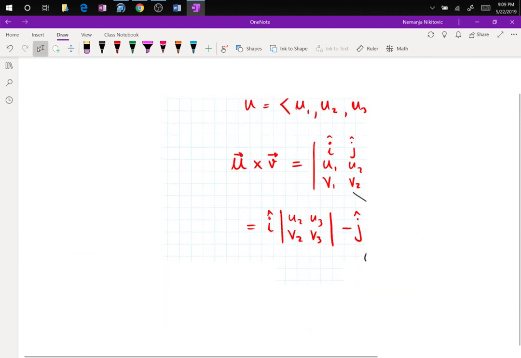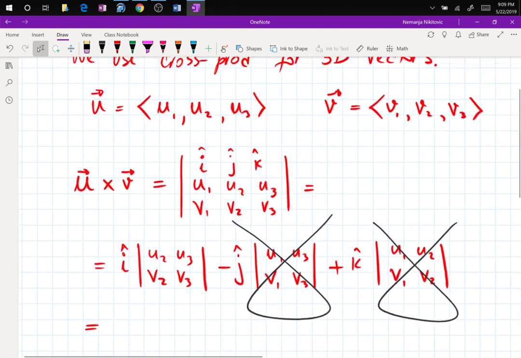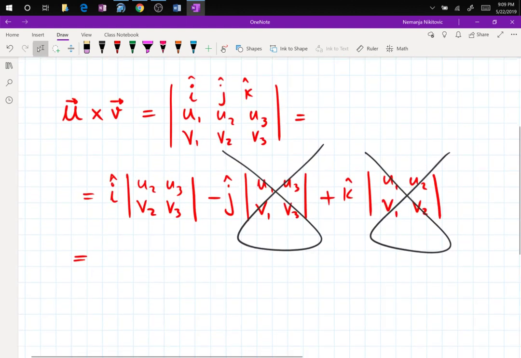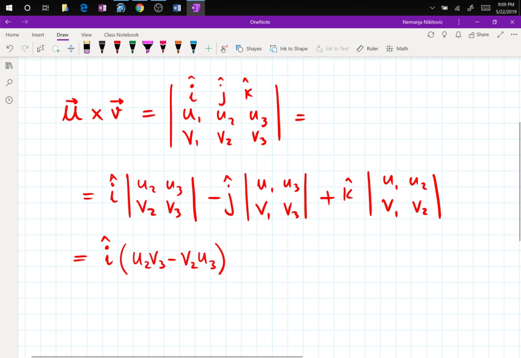All right, let's do this. So i times (u2 v3 minus v2 u3), minus j times (u1 v3 minus v1 u3), plus k times (u1 v2 minus v1 u2).